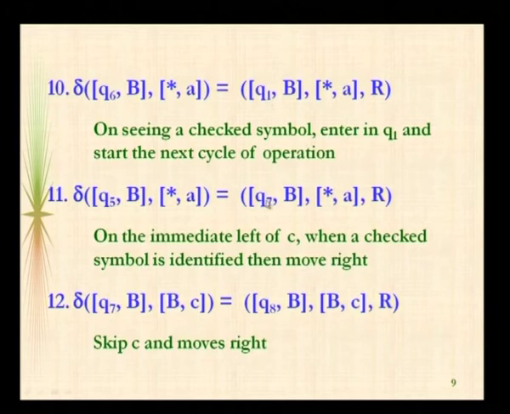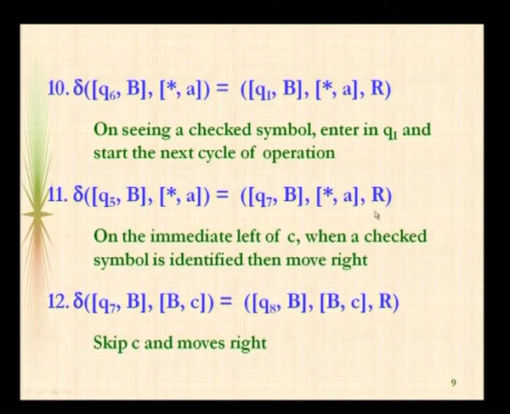So, now the question is what will happen if, when you are making a left move from the C, there is a checked symbol rather than an unchecked symbol. In that case what we mean is all the symbols from the first part of WCW have been verified or checked.